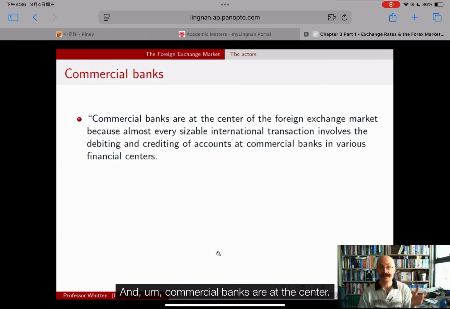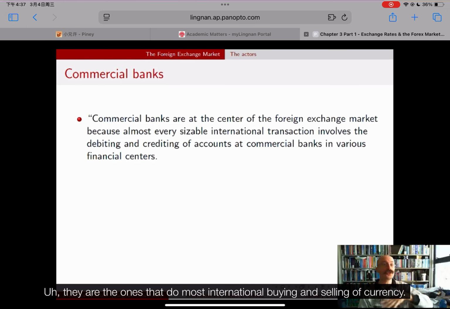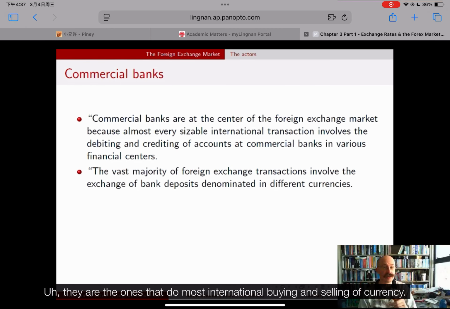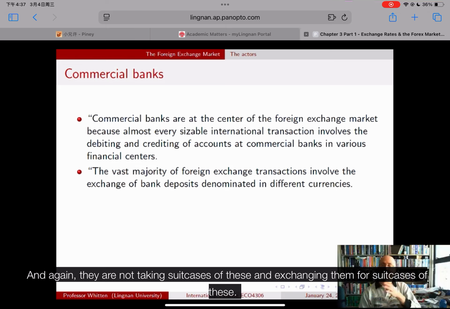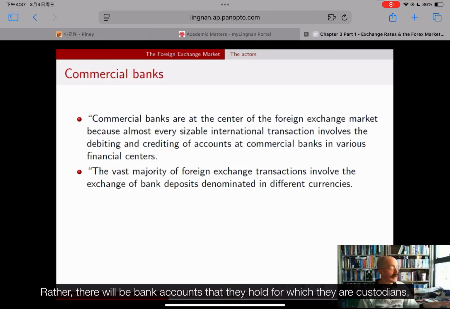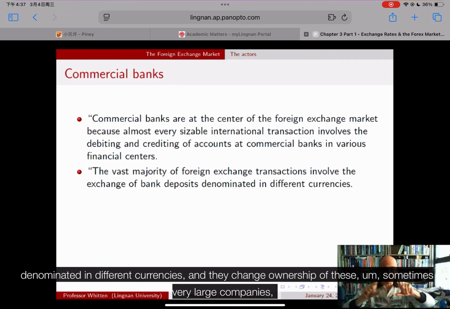And commercial banks are at the center. They are the ones that do most international buying and selling of currency. And again, they are not taking suitcases of these and exchanging them for suitcases of these. Rather, there will be bank accounts that they hold, for which they are custodians, denominated in different currencies, and they change ownership of these.